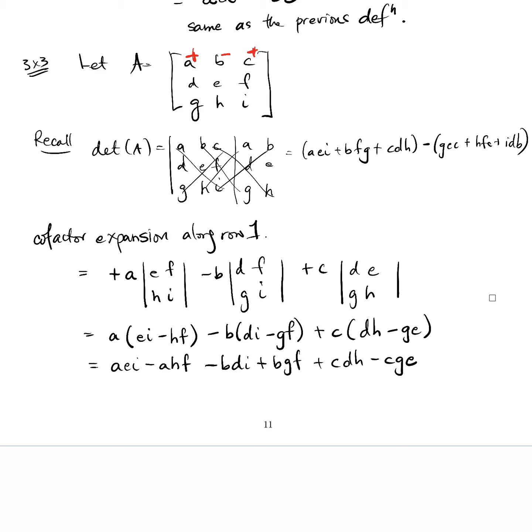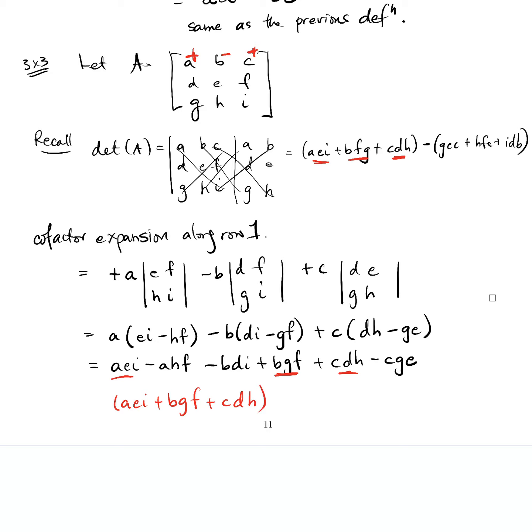Now let's just take a look at what we have. Our positive terms: AEI, BGF, CDH, and AEI, BFG, same thing, CDH, so that's looking good. So let's write those at the beginning: AEI plus BGF plus CDH.